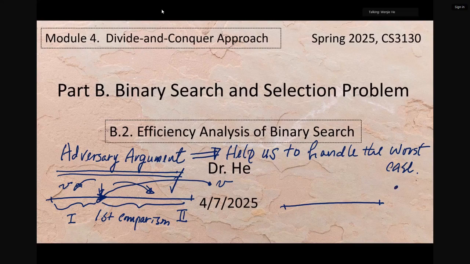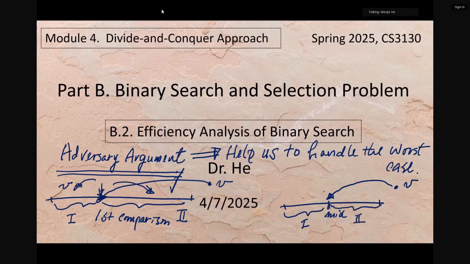We have the V element, so we pick the midpoint, the median. We compare V with this midpoint. Then case 1, case 2.